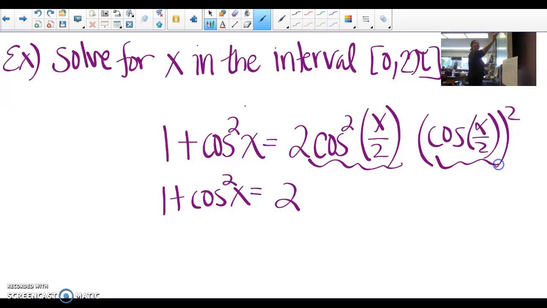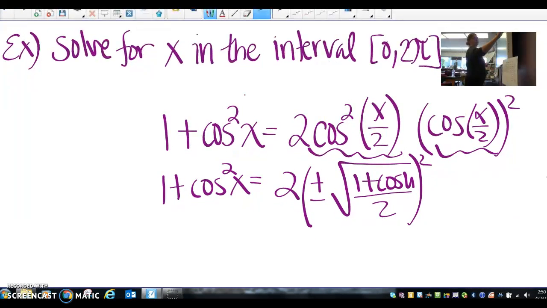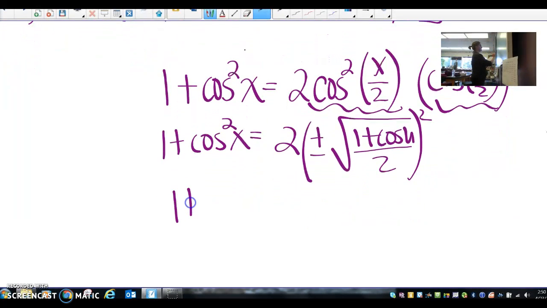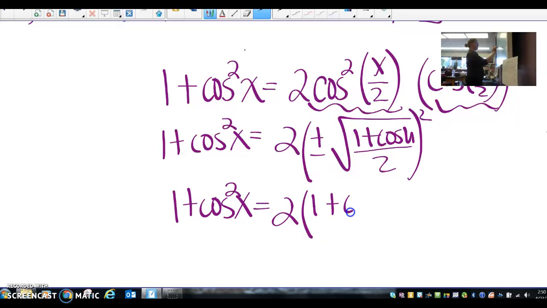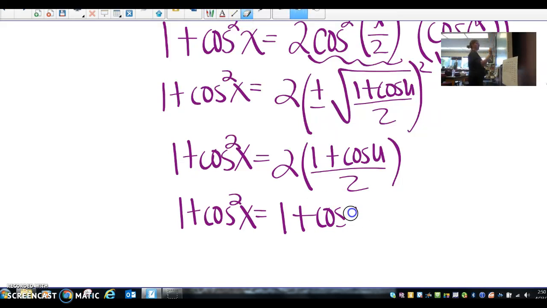So I'm going to use my half angle identity on this, and it's going to become plus or minus, look at your identities, the square root of 1 plus cosine of x over 2, that quantity squared. Now I have a square root being squared, so this becomes 1 plus cosine squared x equals 2 times, when I square this, I'm going to get 1 plus cosine of x over 2. As I distribute the 2, I'm going to get 1 plus cosine squared x equals 1 plus cosine of x. I'm sorry, these are all supposed to be x's, sorry about that.